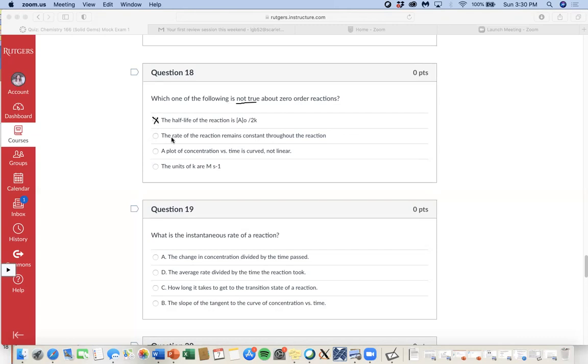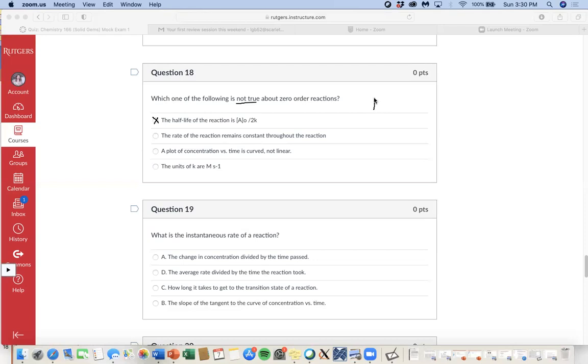Then, the rate of reaction remains constant throughout the reaction. The rate of reaction does remain constant. The whole thing about zero order reactions is that the concentration literally has no impact.